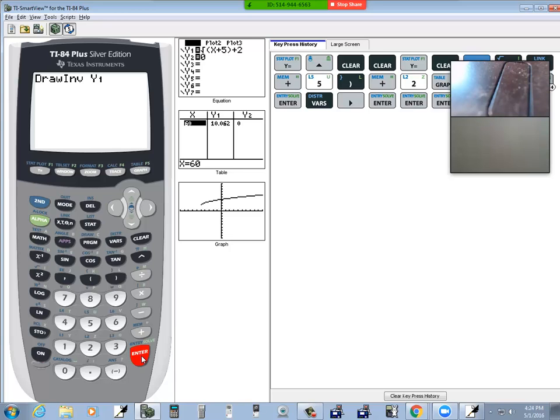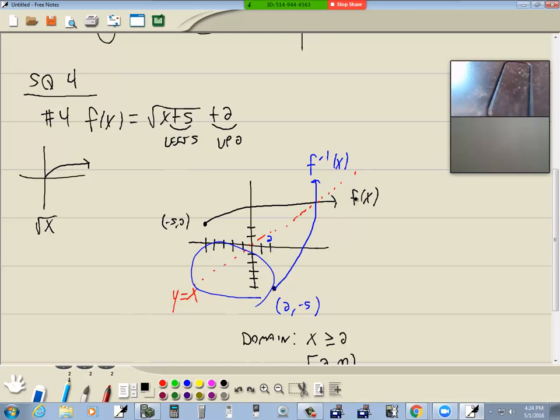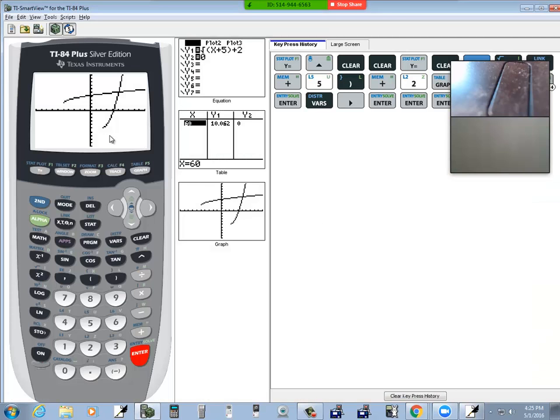If I press enter on this, yeah, they should. See, that's over here where I drew my blue. They should intersect on the line y is equal to x if they are going to intersect. That's legit. That shows an understanding of what is inverse, what is a symmetric do.